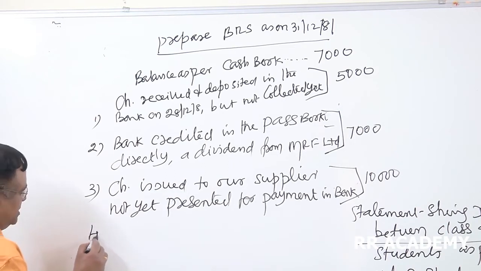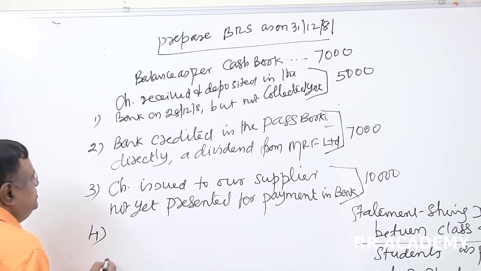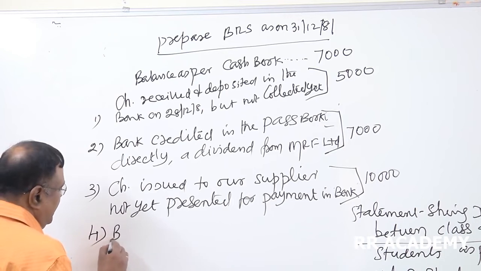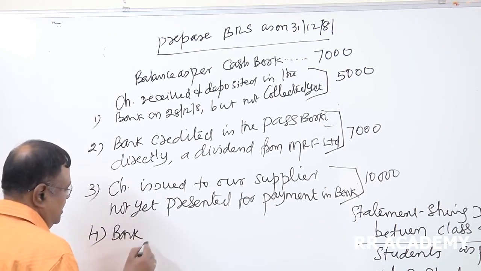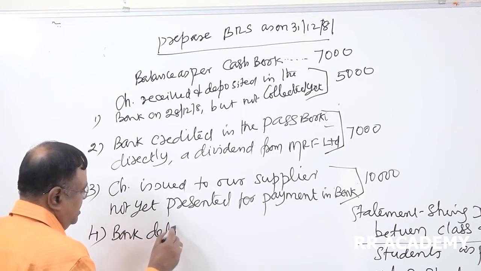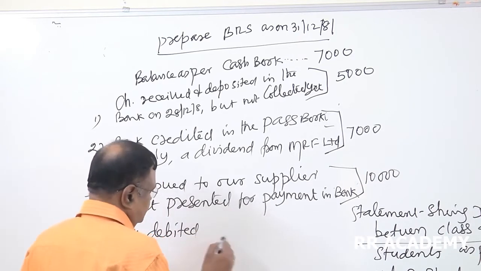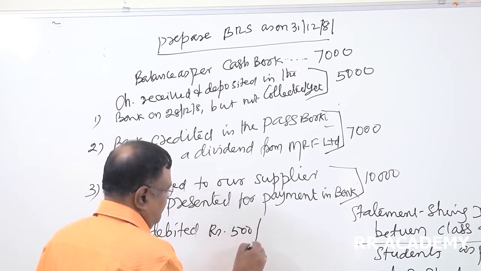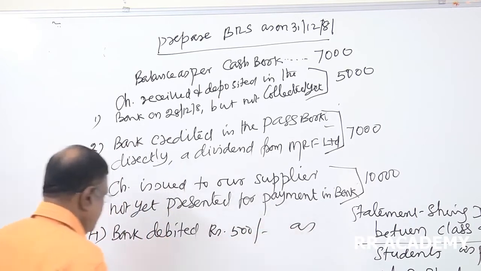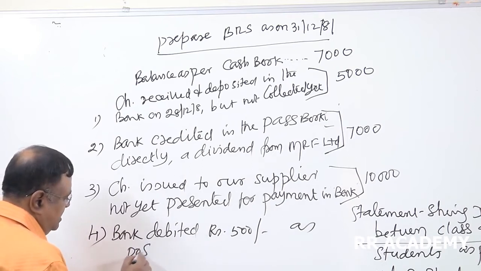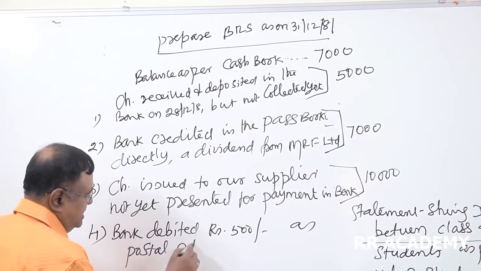Now, last one. Bank debited rupees 500 as postal charges.